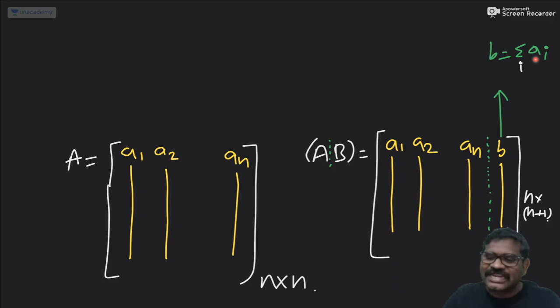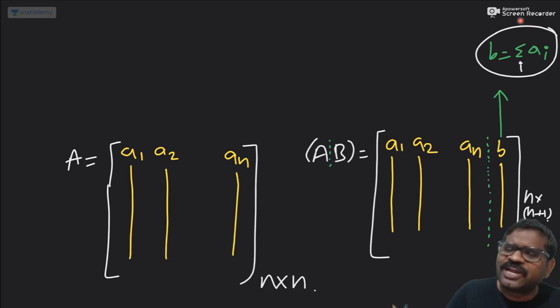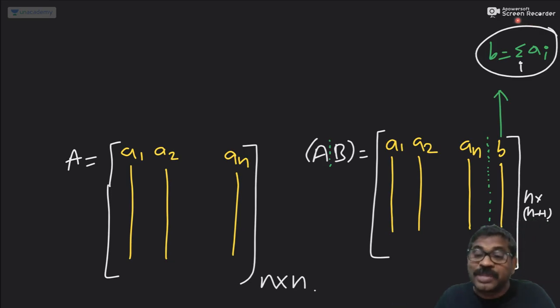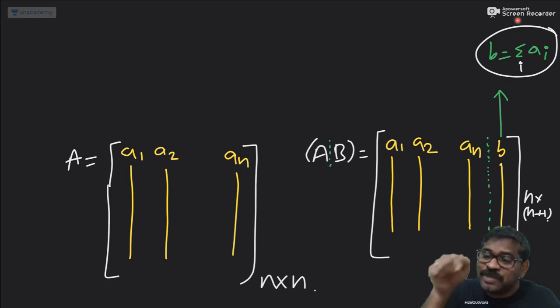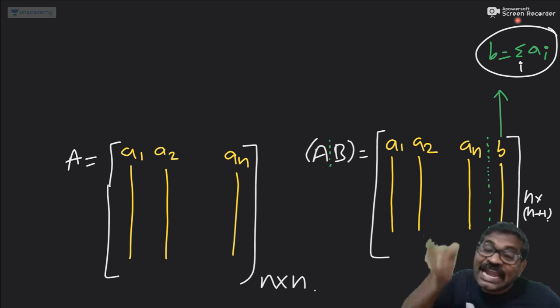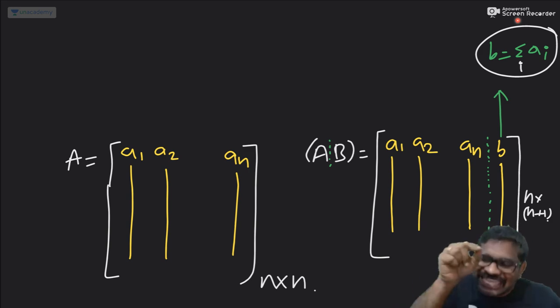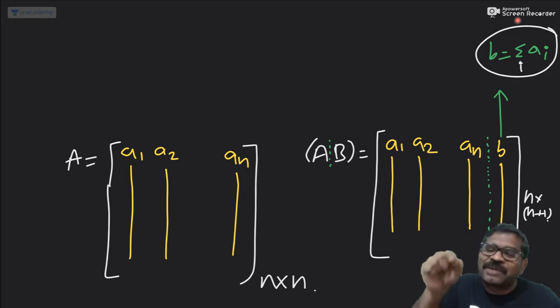By the hint, sigma Ai, A1 plus A2 plus An equal to B. Suppose you apply one operation, C(n+1), the (n+1)th column, minus (C1 plus C2 plus Cn).